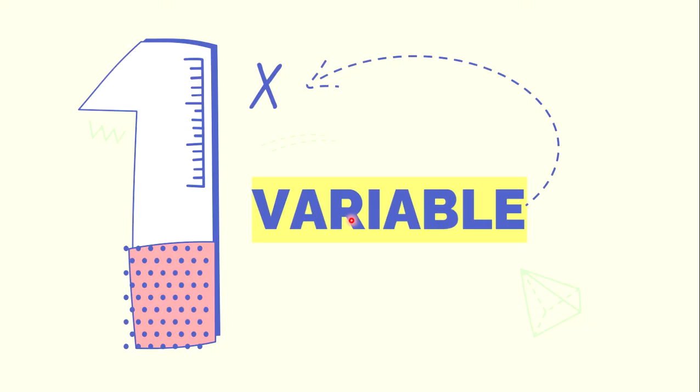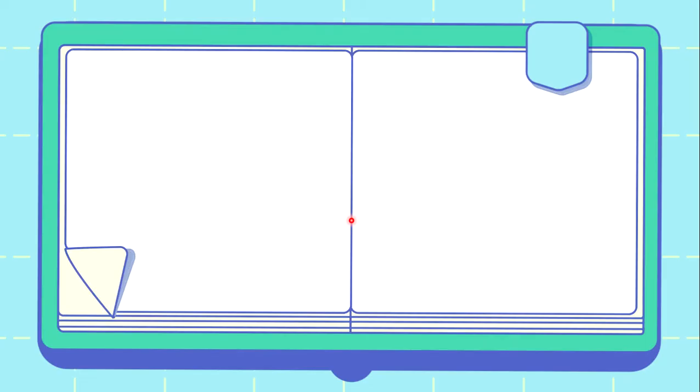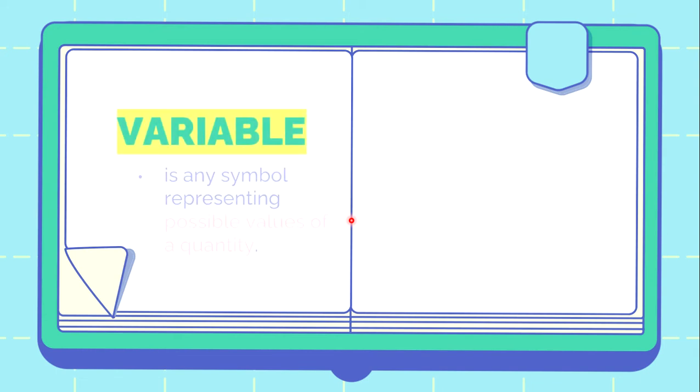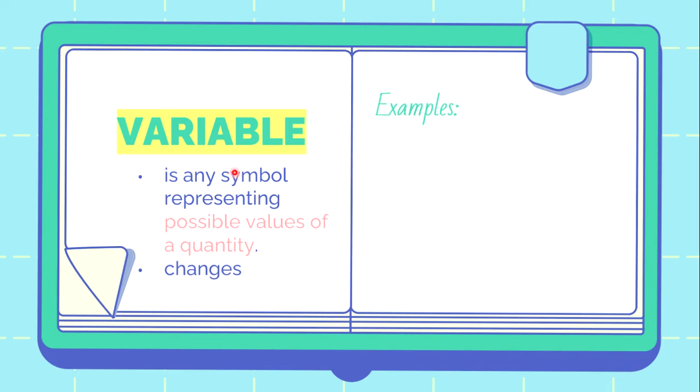Let's start off with variable. A variable is any symbol representing possible values of a quantity, meaning to say it changes. You can make use of any symbol you wish, like the pictures.